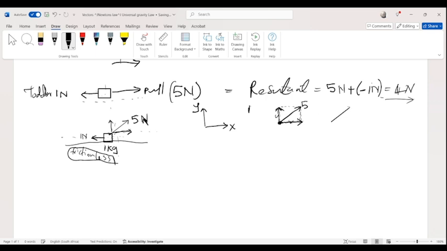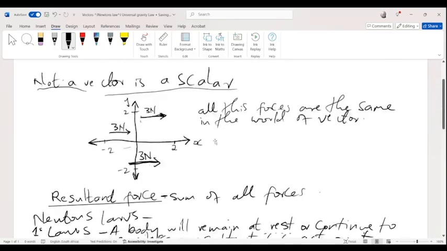The largest magnitude will be the applied force, and then I'm going to take the x component, and then I'm going to take the very same y component and put it there. Why am I allowed to shift it? We did an example.